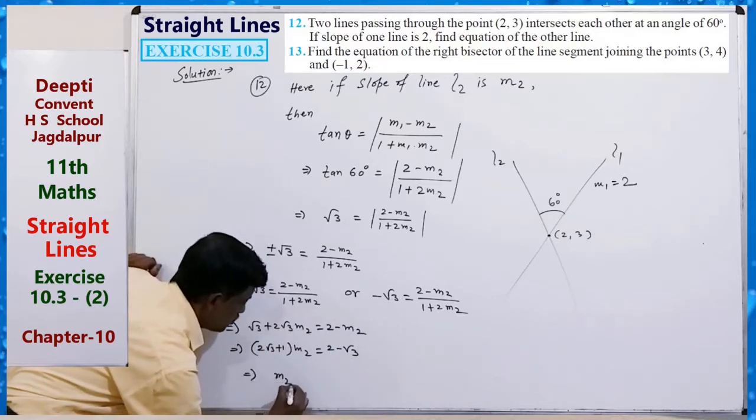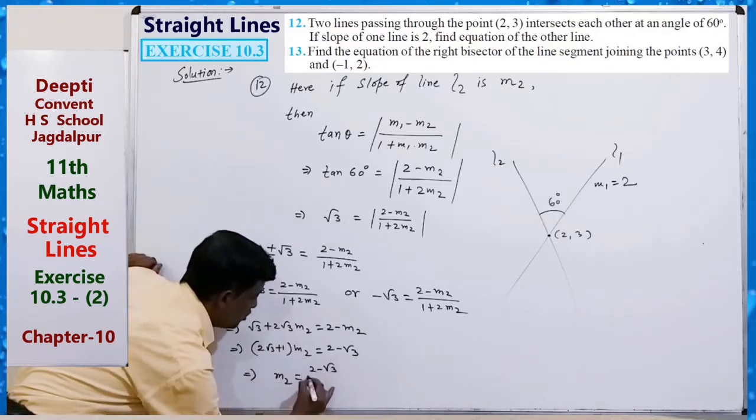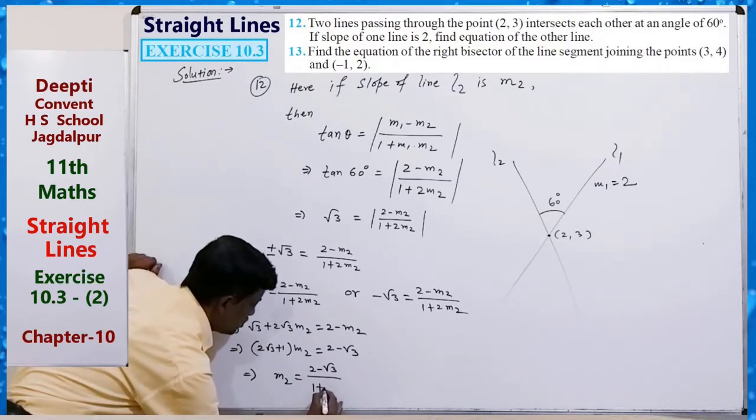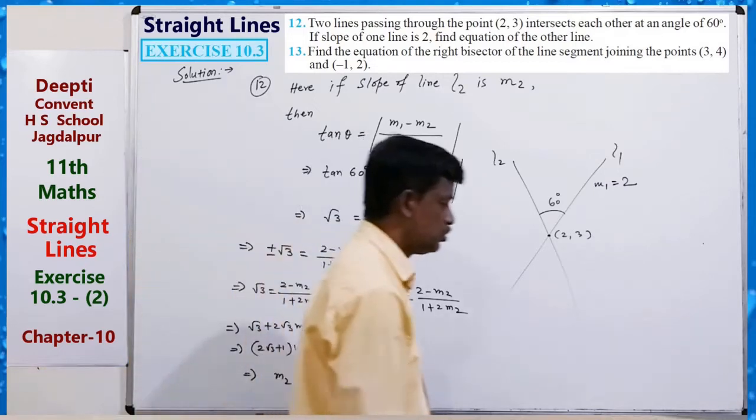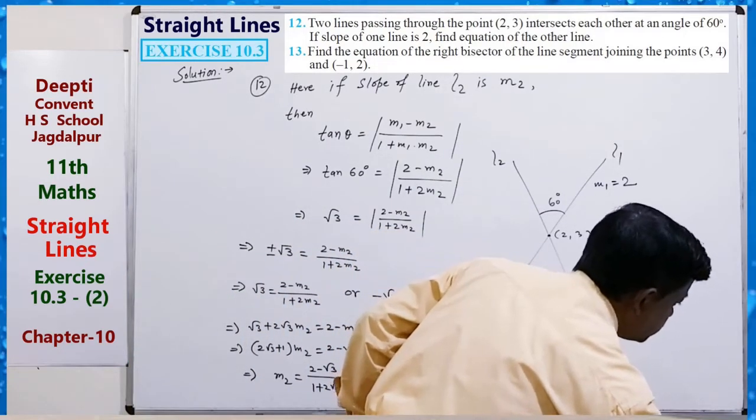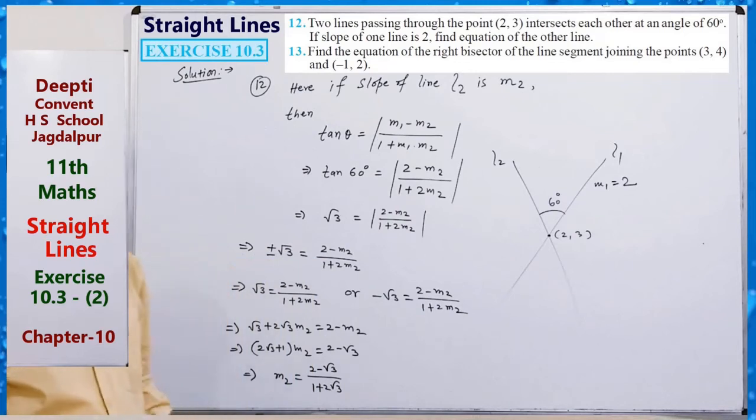Now m2 equals (2 minus root 3) upon (1 plus 2 root 3).